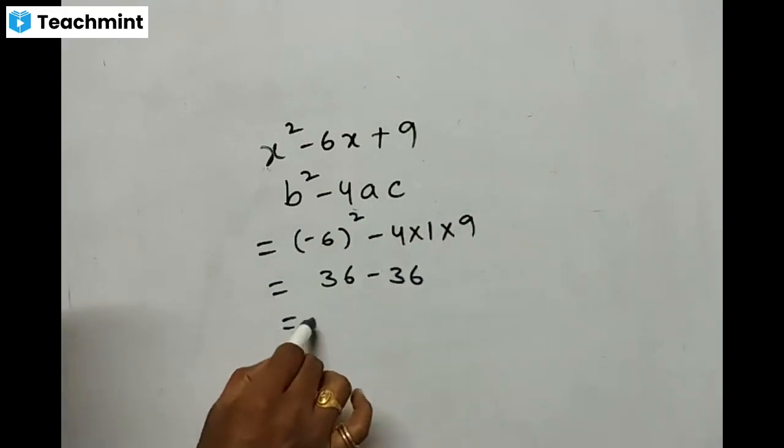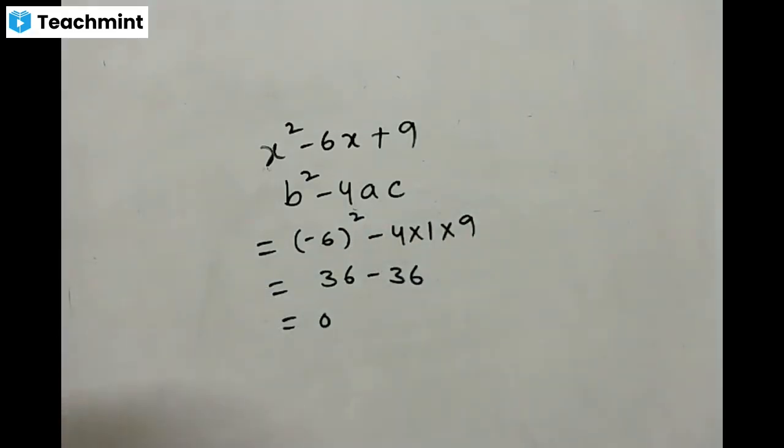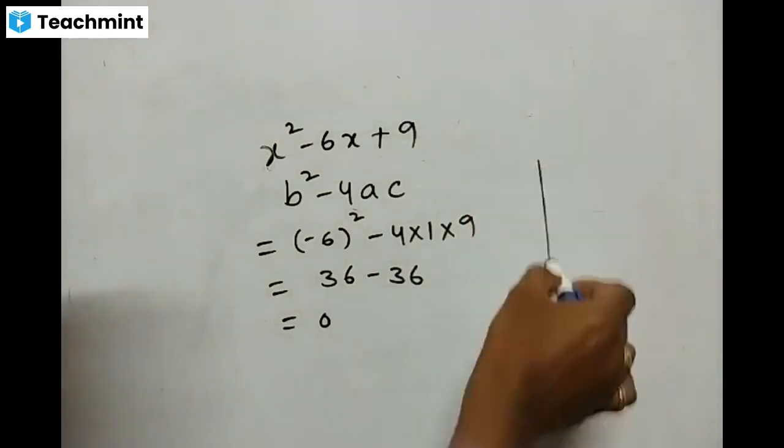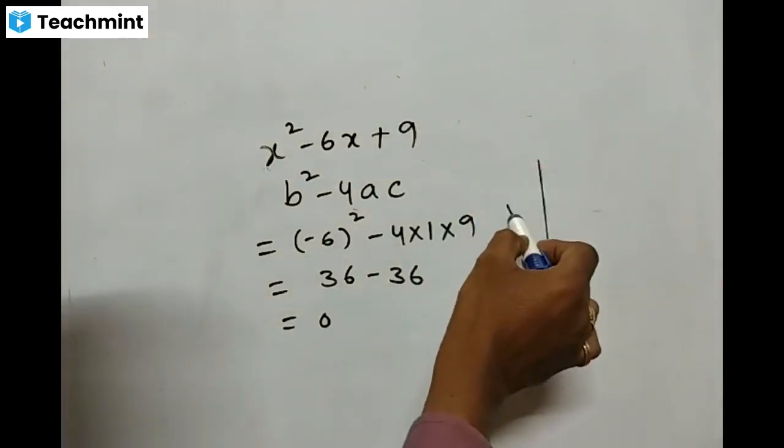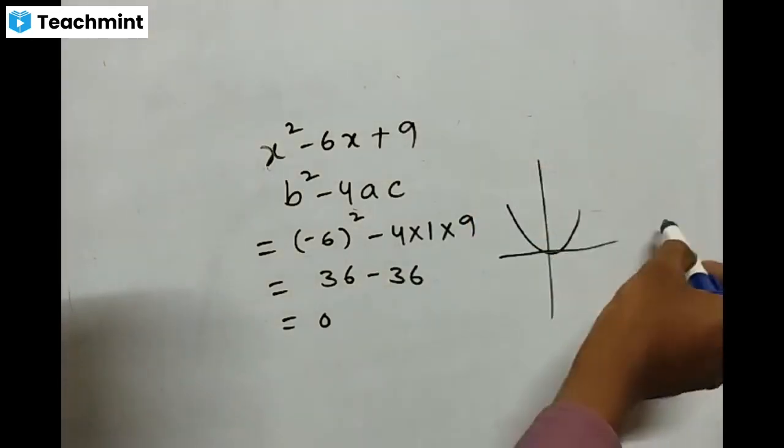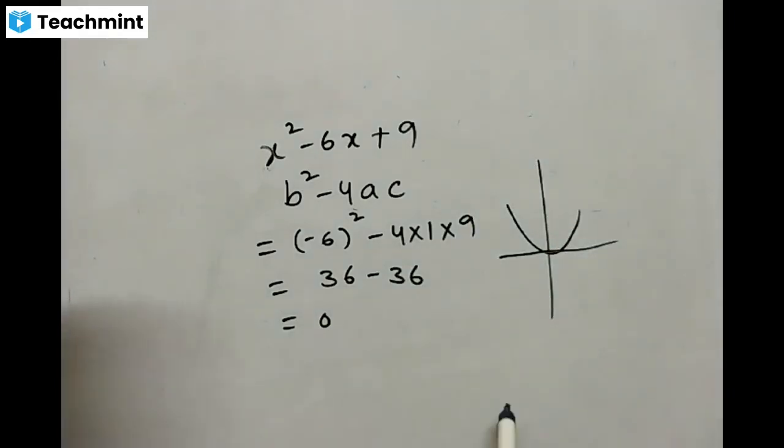Okay. It is 0 coming, right? Yes, sir. So the graph will touch the x-axis at only one point. At any one point it will touch.